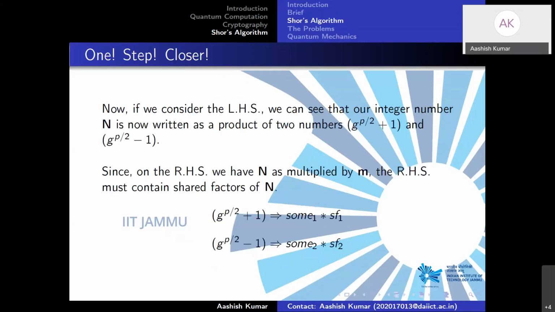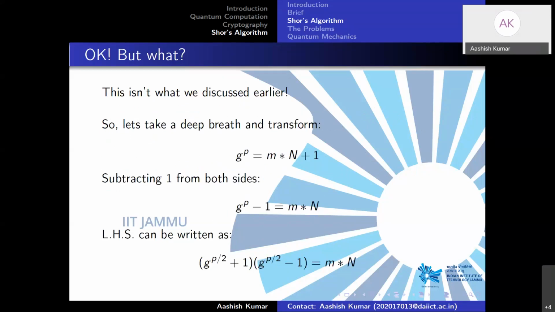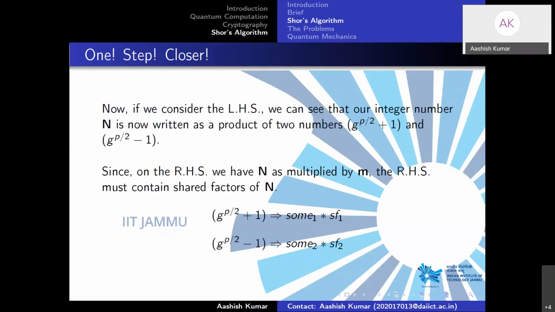So we're one step closer now. If we consider the left hand side, we can see that our integer n is now written as a product of two numbers: the first would be g to the power p by 2 plus 1, and the other is g to the power p by 2 minus 1.